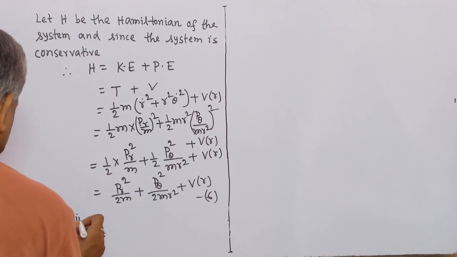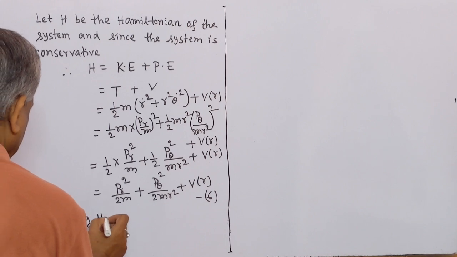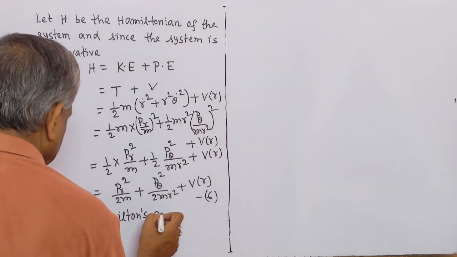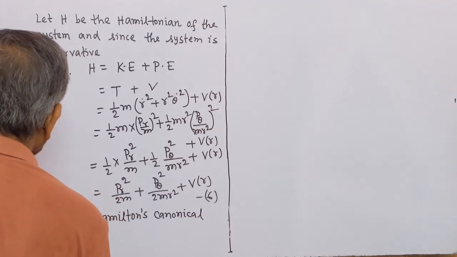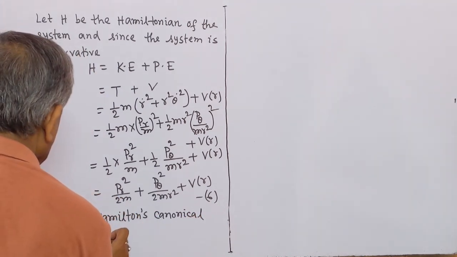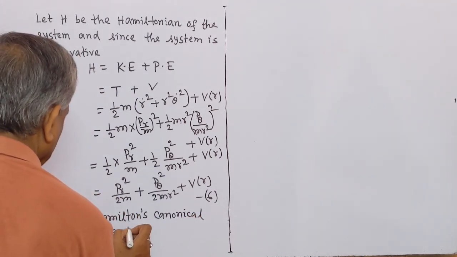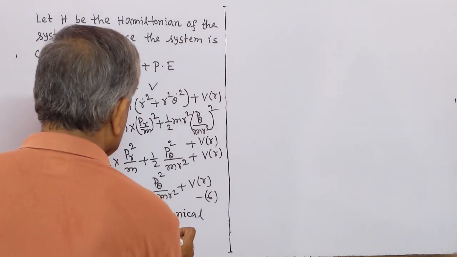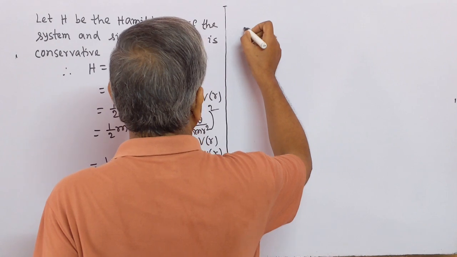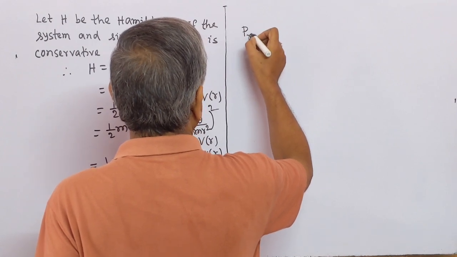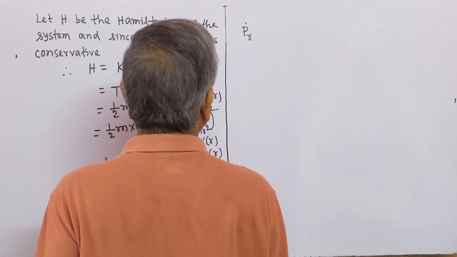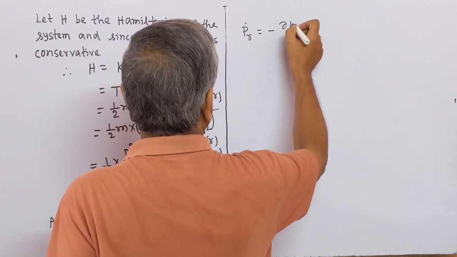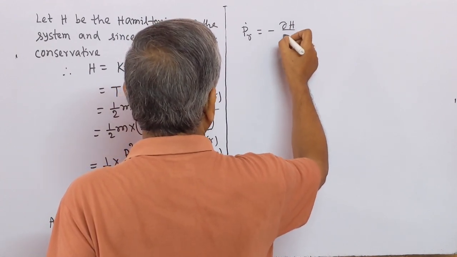Applying Hamilton's canonical equation, we get Pr dot, meaning dPr by dt, equal to minus the partial derivative of H with respect to r.